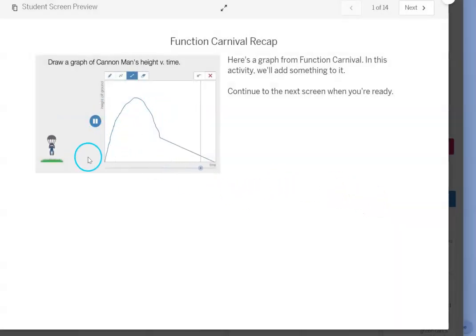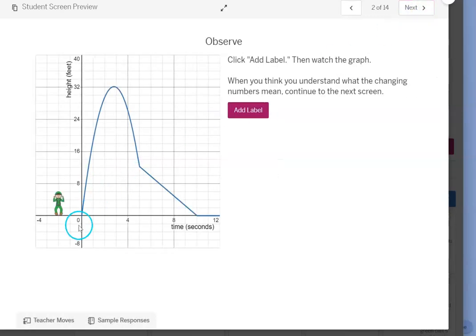This is a graph somebody made of somebody being shot out of a cannon. And then so what I'm going to do is add a label. That's that label. What it's doing is it's showing this point as it goes along the graph as he's moving.